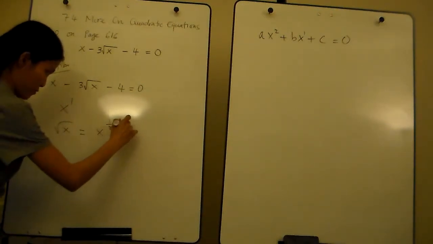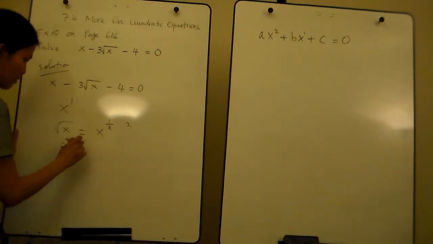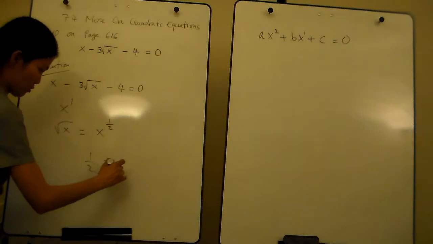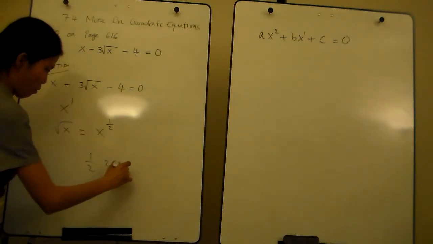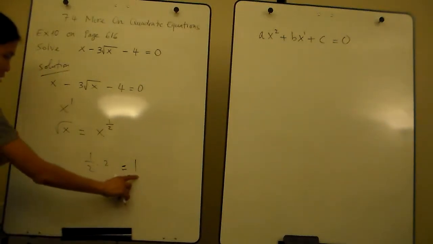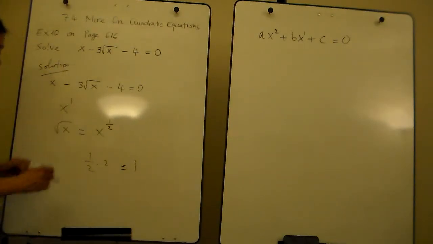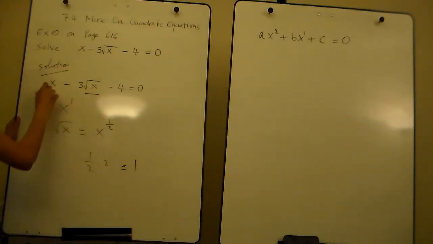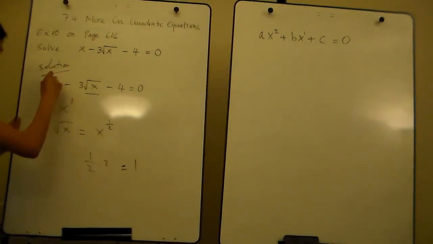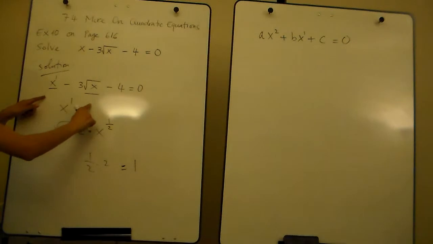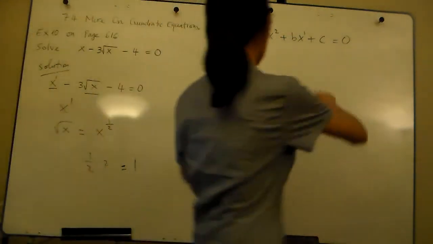If you multiply by 2, then you would have 1/2 times 2 is equal to 1. That means you would have this exponent right here, 1. So I hope you see that this variable and this variable are both related by a factor of 2. Same idea here.